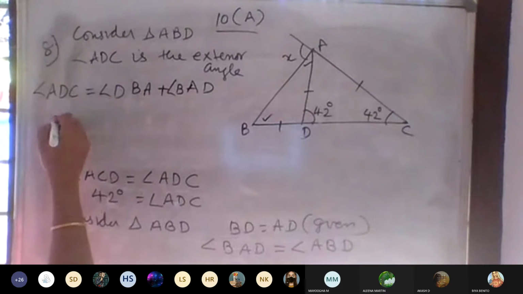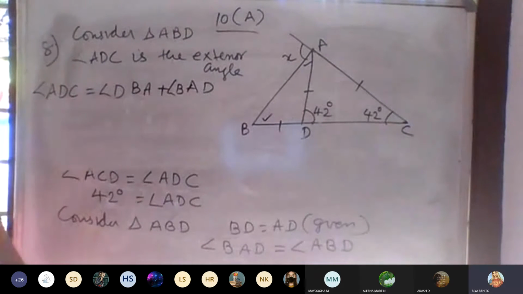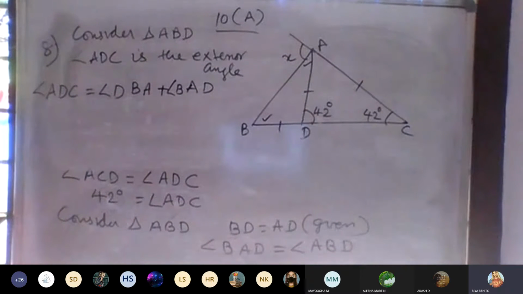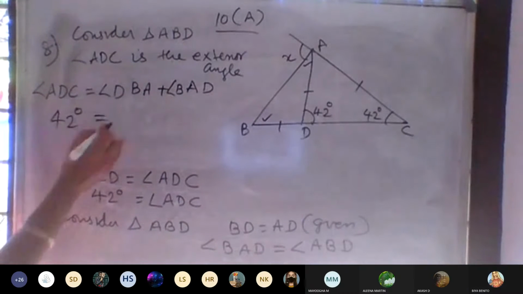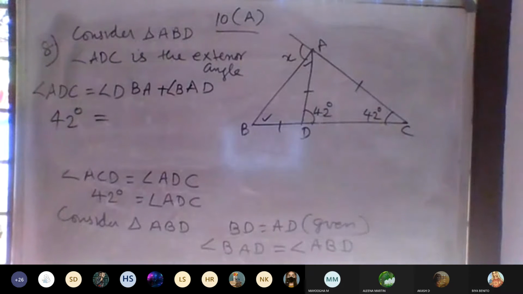ADC is 42 degrees, equal to angle DBA plus angle BAD.